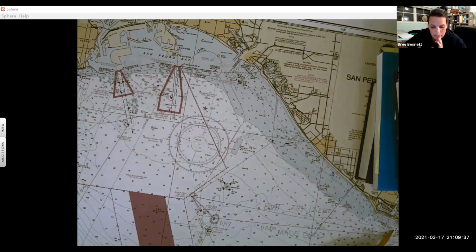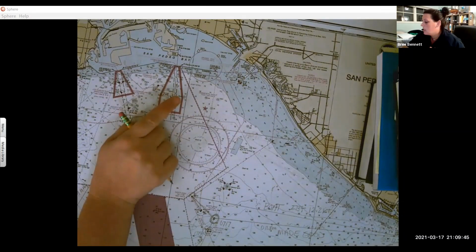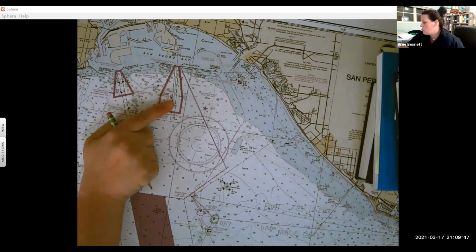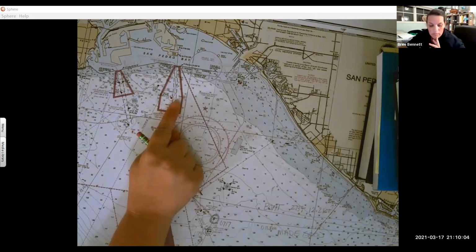Okay, so we are going to be going from the Long Beach buoy to the NWP buoy. And from past experience, we have a set and a drift. We depart the Long Beach buoy at 1500.